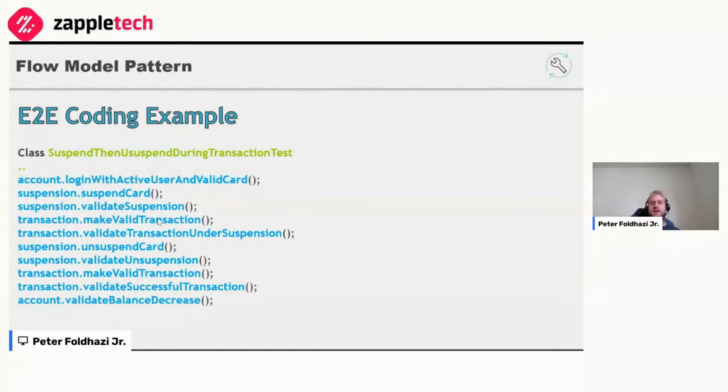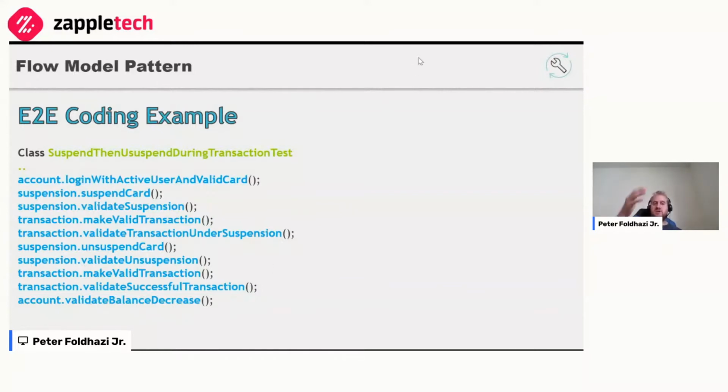After that, try to make a transaction, validate that it's suspended and that you couldn't make a transaction so that it's denied. After that, let's try to unsuspend the card, validate that it happened, and do the same transaction again. And let's hope that it's a successful one now and whether the balance decreased.